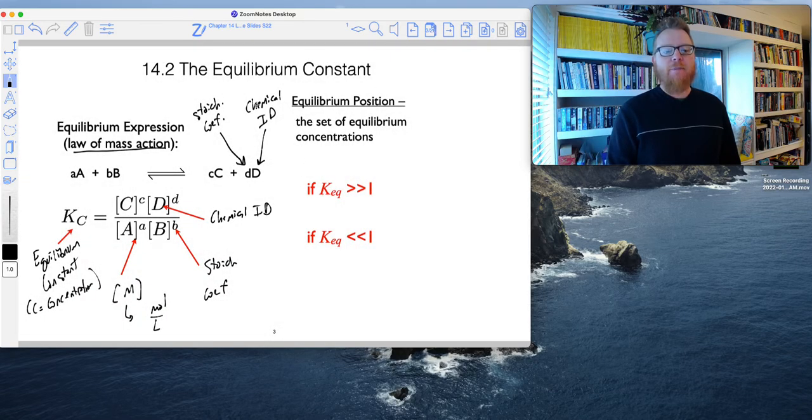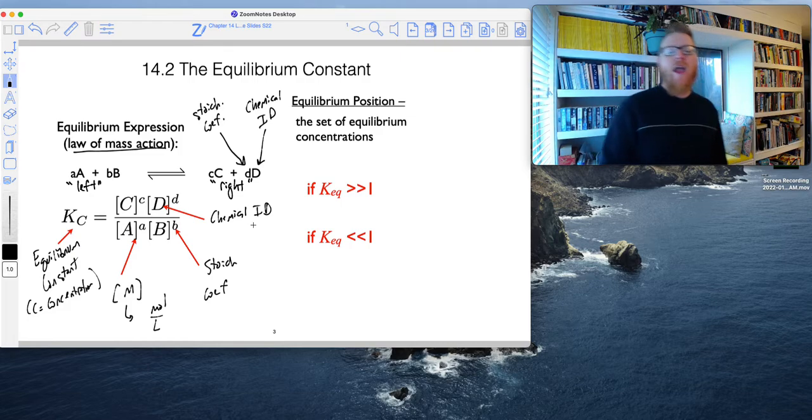So let's keep talking about this slide right here. The equilibrium position is what we call the set of equilibrium concentrations. We will often refer to the reactants as the left-hand side of the reaction and the products as the right-hand side.